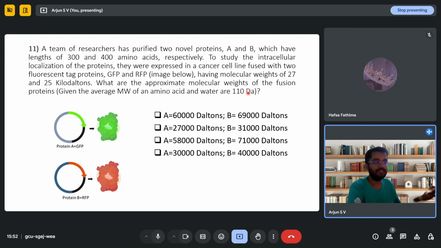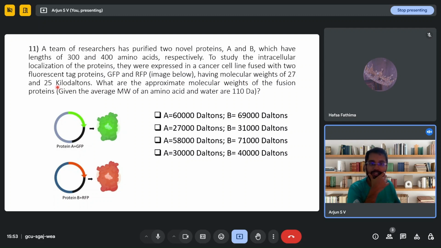I think we have already discussed this problem in your assignments as well, but these are some of the sample problems you might get in your actual exam. This is a problem which you might need to solve using your calculators. The key here is they are given the length of each protein, A and B, and the molecular weight of GFP and RFP.